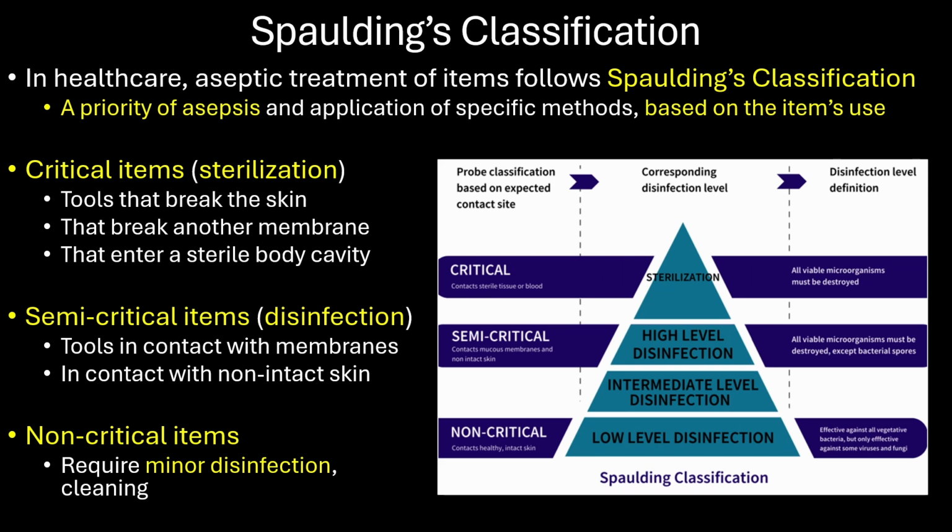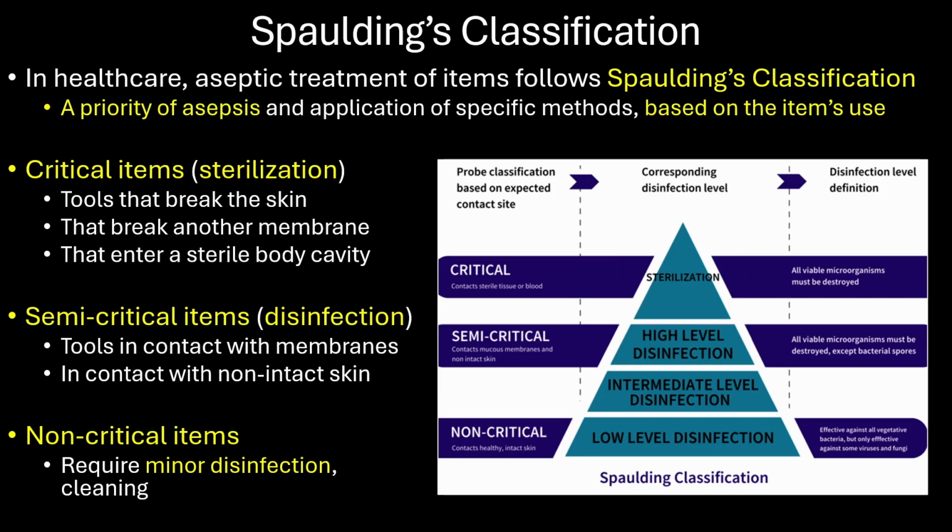So critical items are things that require sterilization. These are tools that are going to be used in a medical setting to break the skin, that will break through another membrane, not just the cutaneous membrane, and any items that enter a sterile body cavity. These have to be treated with sterilization tools and techniques.